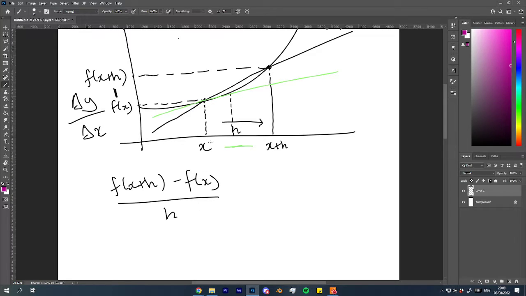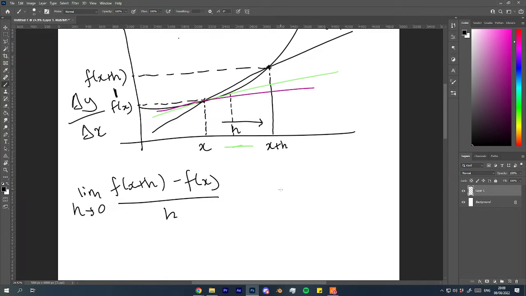When h is nothing, we end up with a tangent at that singular point of x. And we write that as h approaches 0, and then we just put limit on top. Limit, and this is basically our formula for working out any gradient at a singular point.